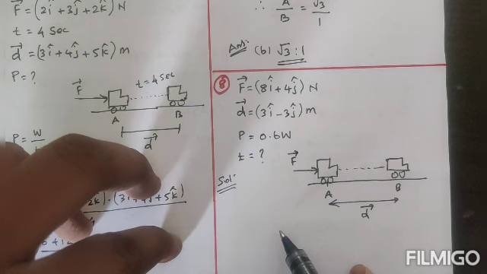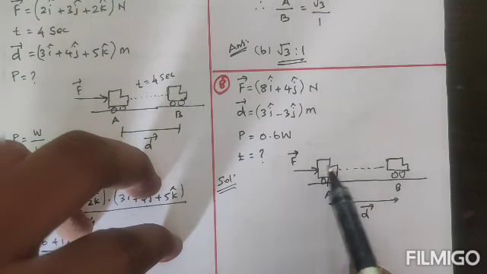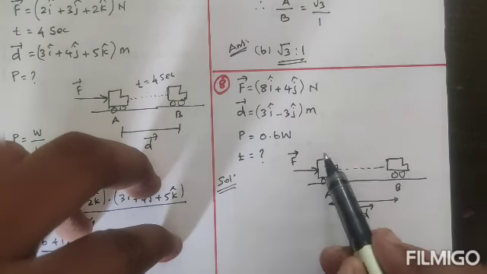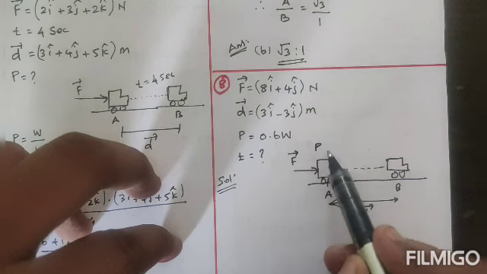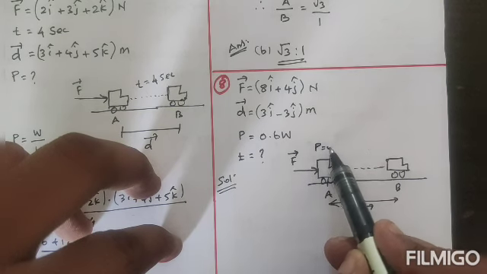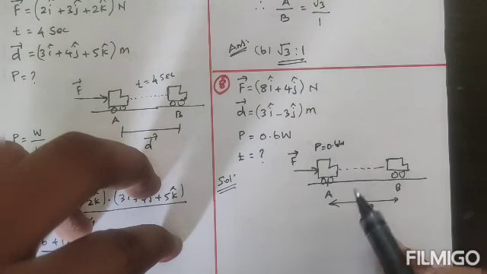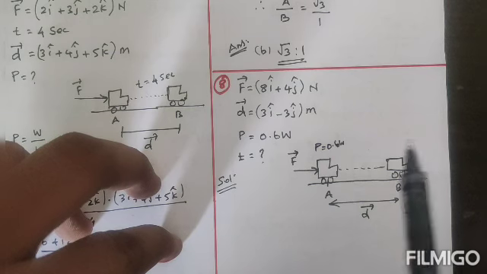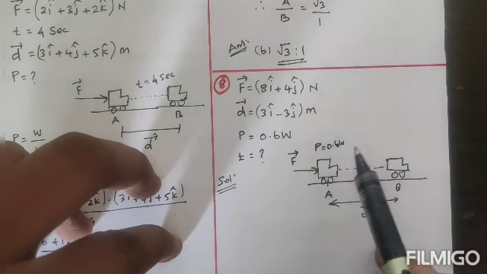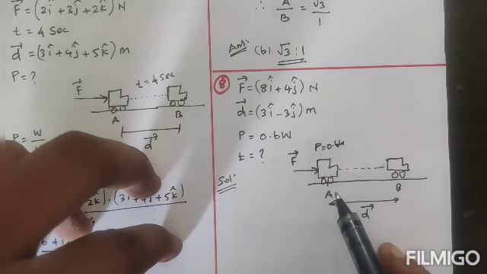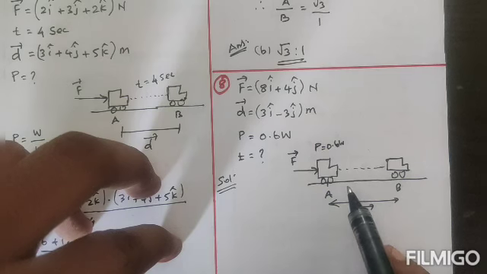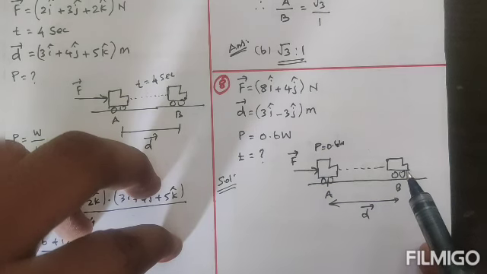The force acts on the object with power P, given as 0.6 watt.